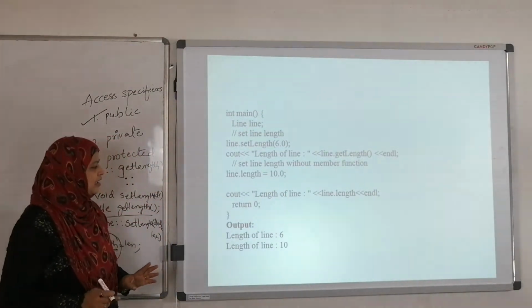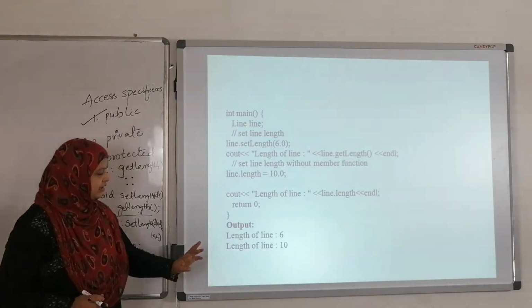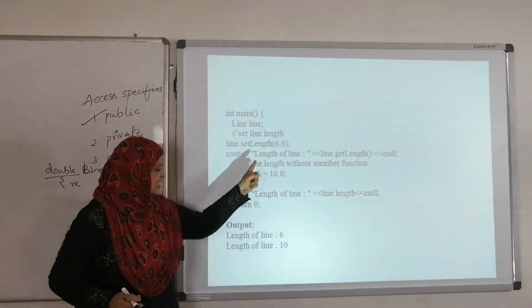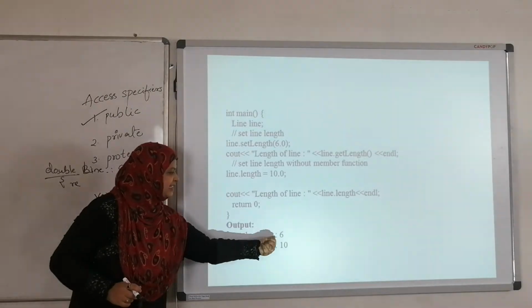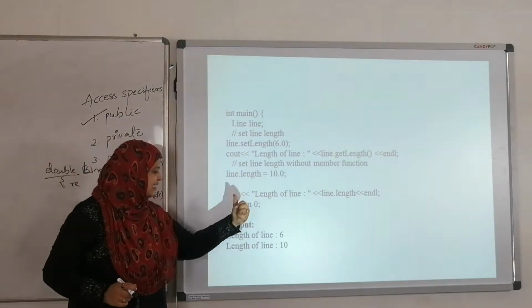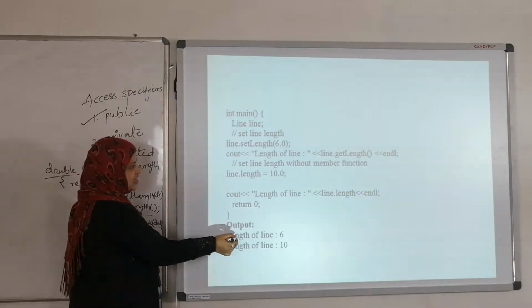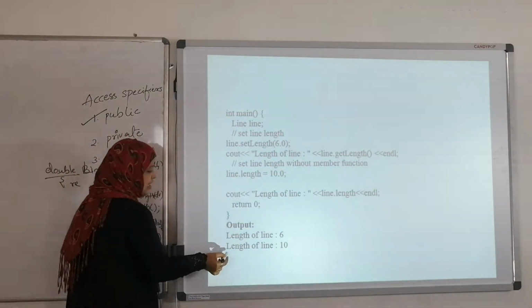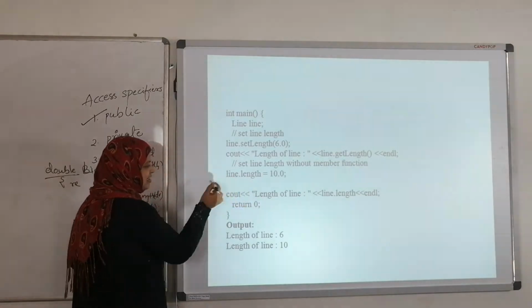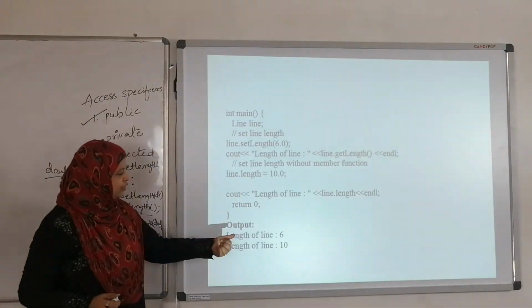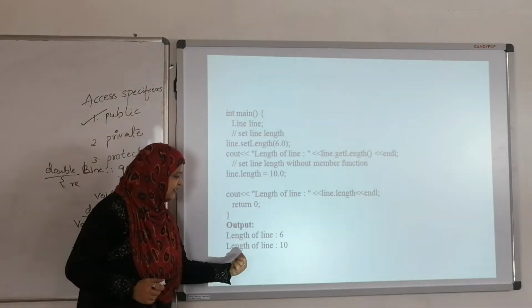First we pass the value 6, so the length of the line is 6. Then we pass 10, so the length of the line is 10. The 6 comes from the get length function, and the 10 from the length variable. Here we get the output: length of the line is 6, length of the line is 10.